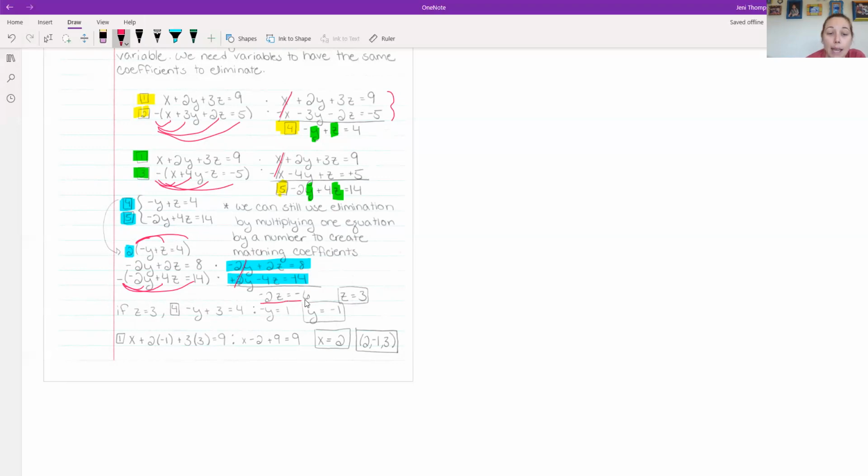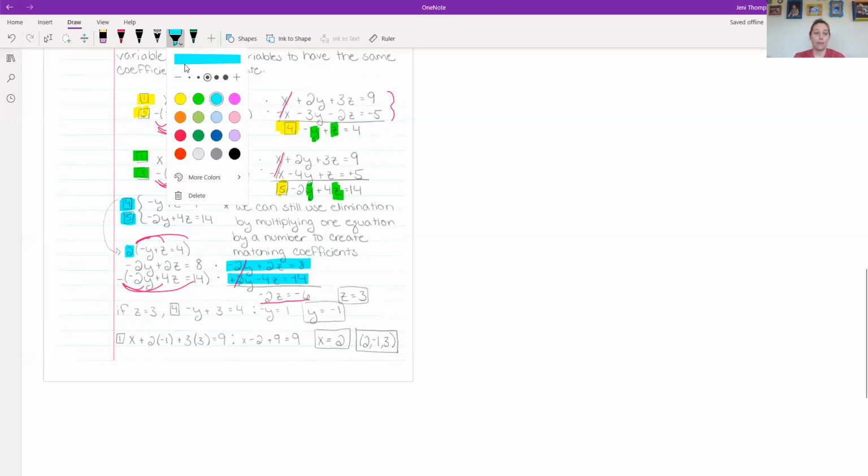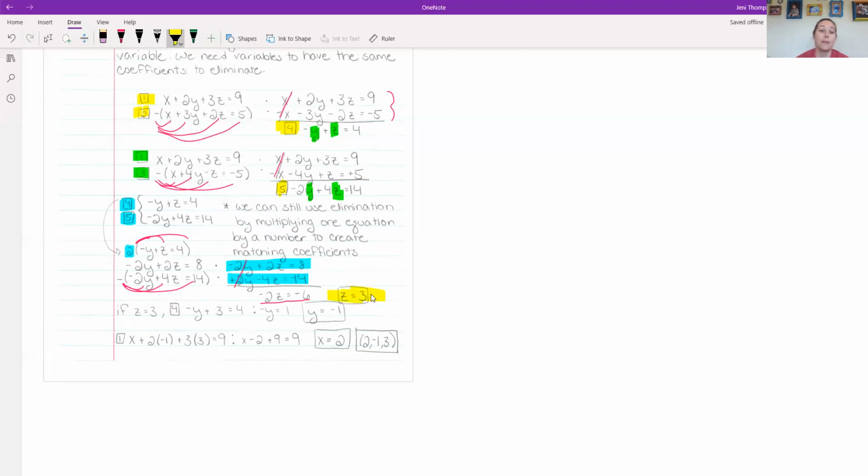Now I finally have one variable, and I can solve for z. So when I do solve for z, I get z equals 3. And then I'm going to take this, plug it back into one of these equations. I picked the top one from up here. You can pick the bottom one, it'll still work. So -y plus 3, because that's my z, equals 4.